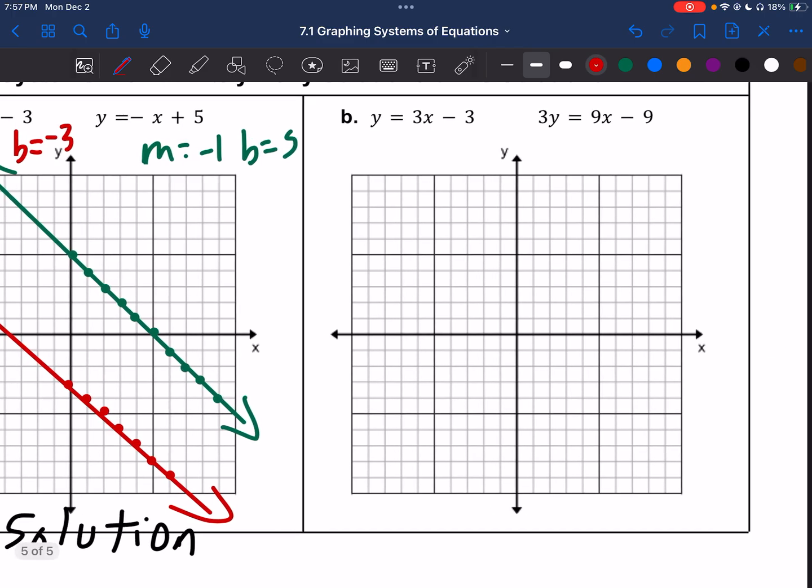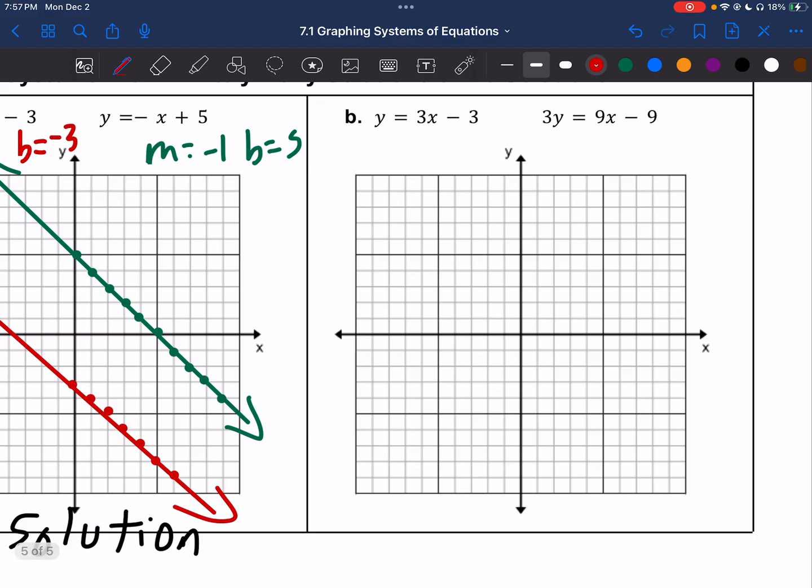Our second example, we have y equals 3x minus 3. My slope is 3, my y-intercept is -3, so I put that point at -3. And my slope is 3, so I'm going up 3 and to the right 1 with each and every step I take. My second equation, I'm going to divide all 3 components by 3, and I get y equals 3x minus 3.